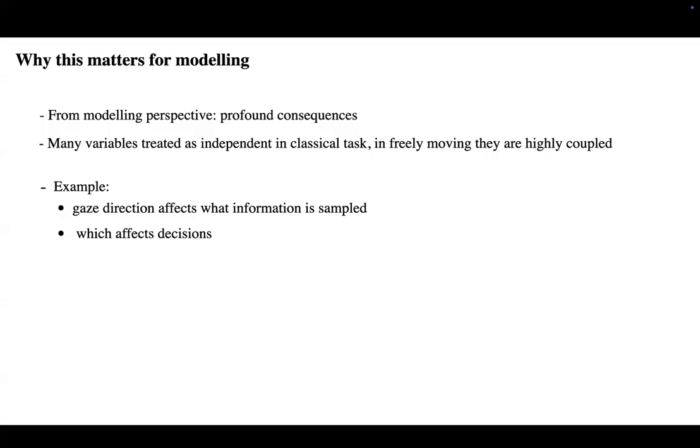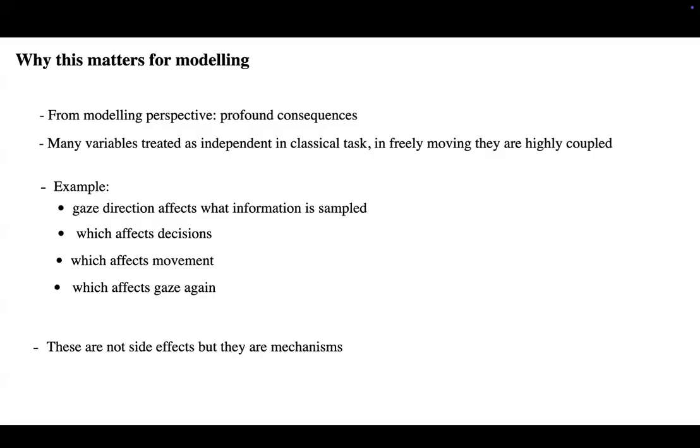But in freely moving, gaze direction affects what information is sampled, which then affects your decision, which affects your movement, and which affects the gaze again. So you again get this closed loop between physical exploration and cognitive exploration, or motor versus cognition.